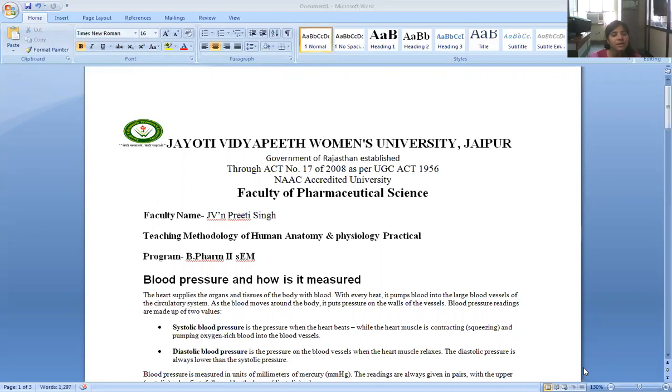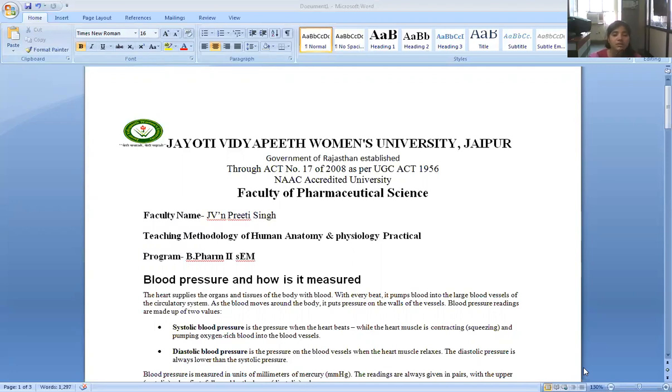Blood pressure readings are made up of two values. The first one is systolic blood pressure. Systolic blood pressure is the pressure while the heart muscle is contracting, squeezing, and pumping oxygen-rich blood into the blood vessels.